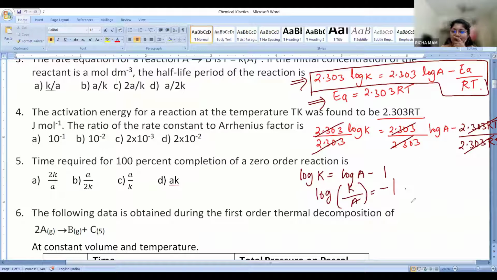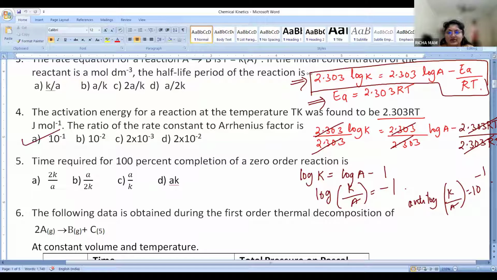If we take anti-log, anti-log of K by A is equal to 10 raised to minus 1. So it is option number A. Right? Option number A.